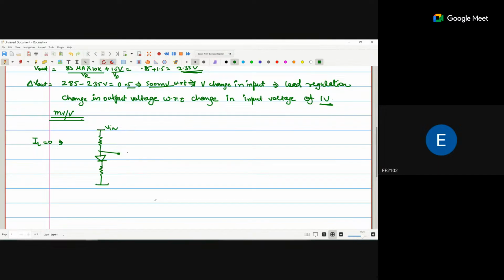V out is V in by 2, that is 3.2 divided by 2, that is 1.6 volt, or 4.2 divided by 2, that is 2.1 volt.